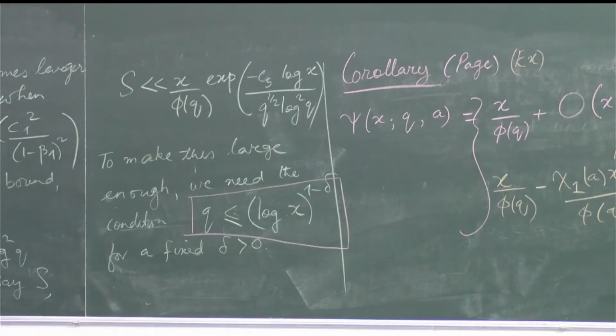If a is less than b, then minus a is larger than minus b. So this is bigger, and then q is less than log x to the power 1 minus delta.